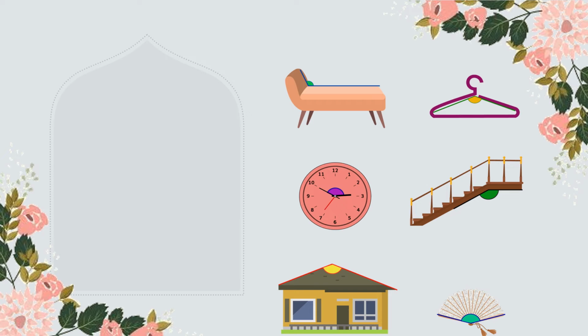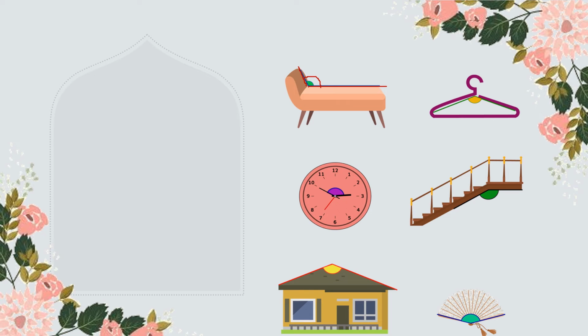The pictures that are there on the screen right now, if I draw a line on the sofa set, this head of the sofa, and this the place where you sit. This angle which is being formed between these two lines is more than 90 degrees, right?